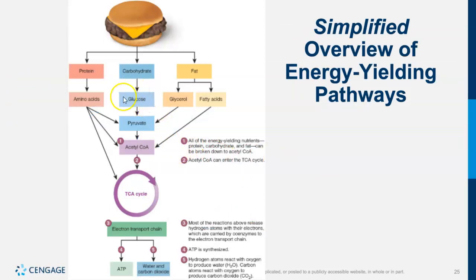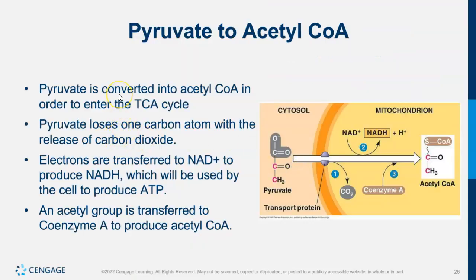So we just did this part of the process. We went from glucose to pyruvate. This little arrow here represents glycolysis, that 10-step process I just showed you. Now that we have all of this pyruvate, 2 for every molecule of glucose, what are we going to do with it?